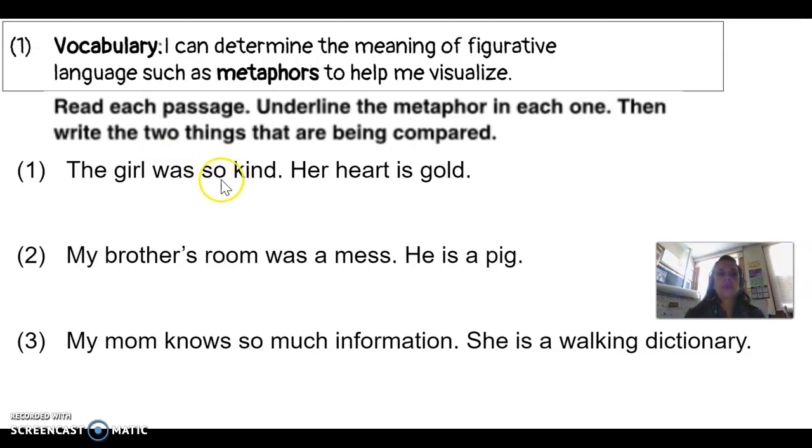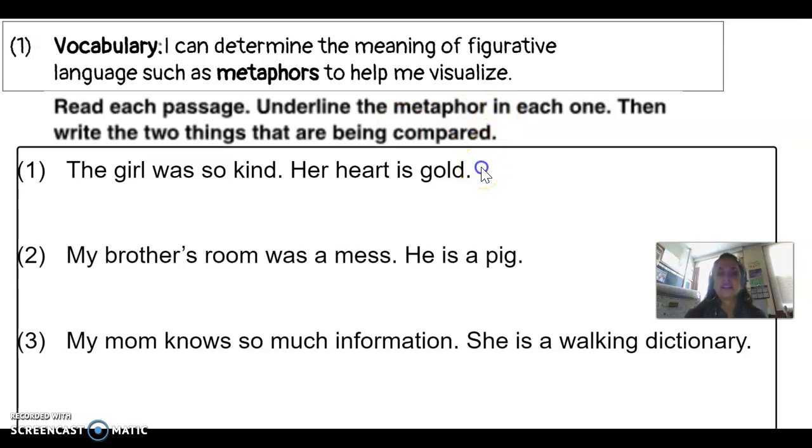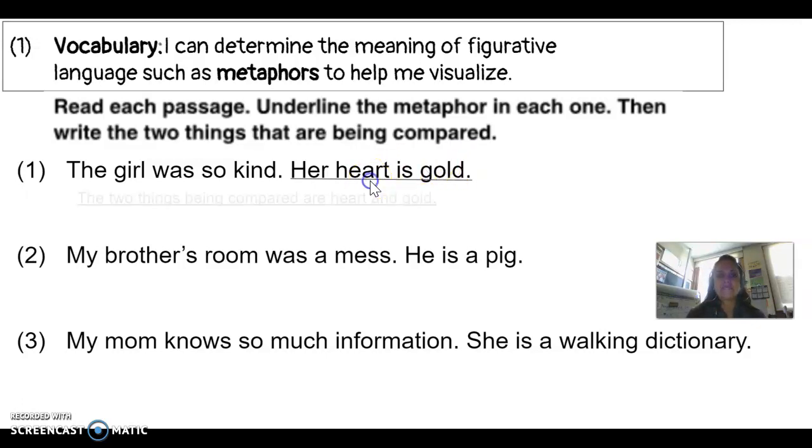The girl was so kind. Her heart is gold. Okay, so we're going to underline the metaphor. What do you think the metaphor is? Let's check your thinking. Her heart is gold. What two things are being compared? Let's check your thinking.